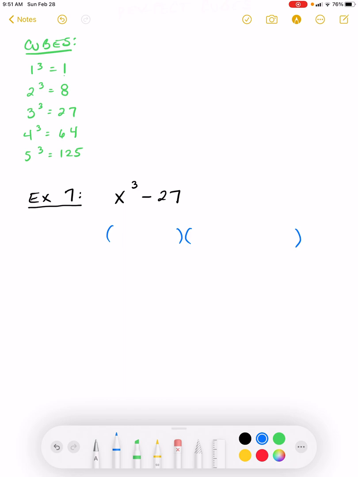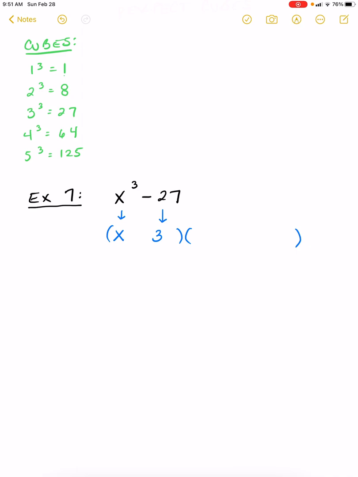Now, in this binomial right here, these numbers end up just being the root of each of these cubes. So if it's x cubed, then the root is just x. If it's 27, the cube root of 27 is 3. So it's basically what term, when we raise it to the third power, gives us these. And the same sign comes down. And so that's what you notice in that first binomial, is that it's just the root of each term.